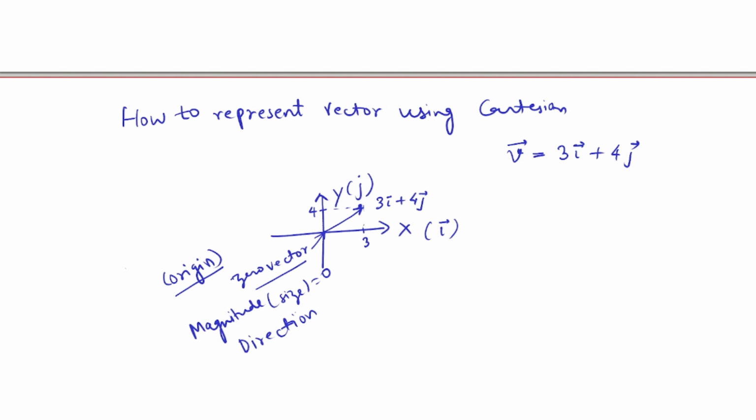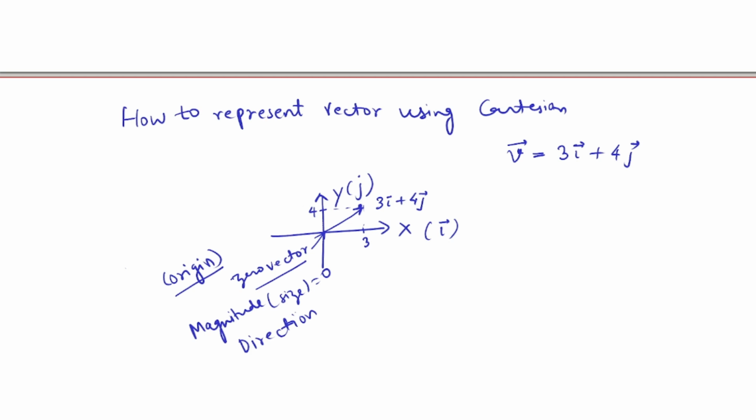Now, how to represent a vector using Cartesian coordinates? Let us consider that we want to represent vector v, which is 3i plus 4j. Here i is the x coordinate, and j is the y coordinate. So 3 at x and 4 at y, 4 distance away from the origin.